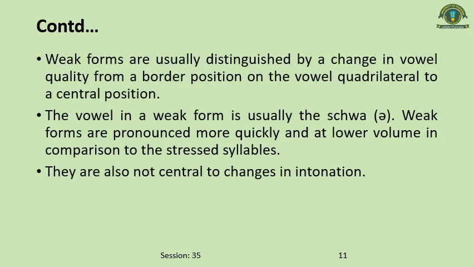It's very important that a weak form in the English language is quickly spoken. Low tone is there, low volume is there. And always remember, they are also not central to changes in intonation. So they do not bring any change so far as intonation is concerned. Why? Because they are the weak form. That's very important to understand.